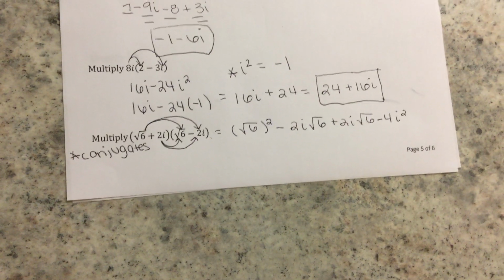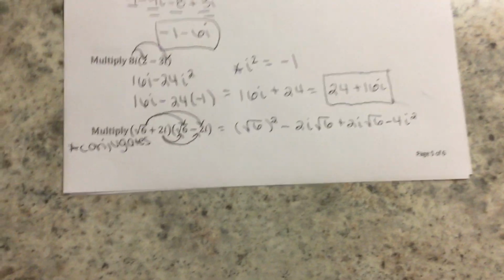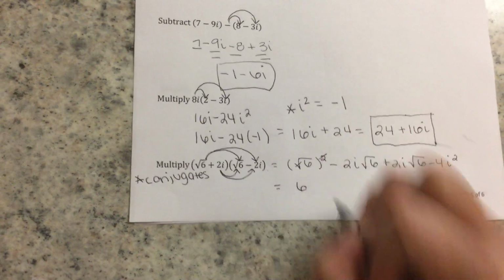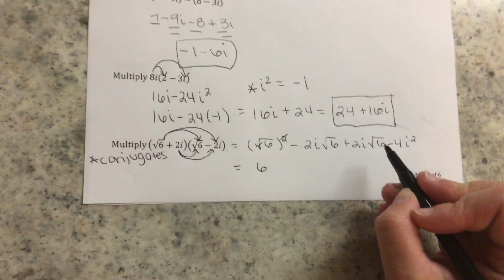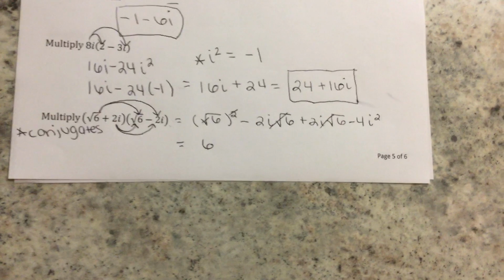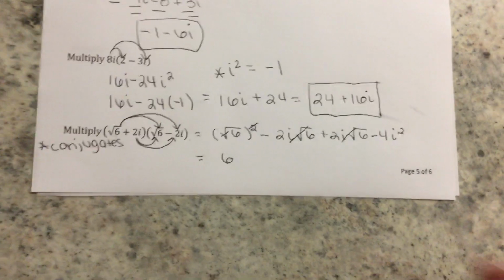So now we distributed, so now I can go through and we can simplify. So square root and squared cancel each other out. Just left with 6. Negative 2i square root of 6 plus 2i square root of 6 cancel out. And then I have minus 4 times i squared. We said that i squared was negative 1.